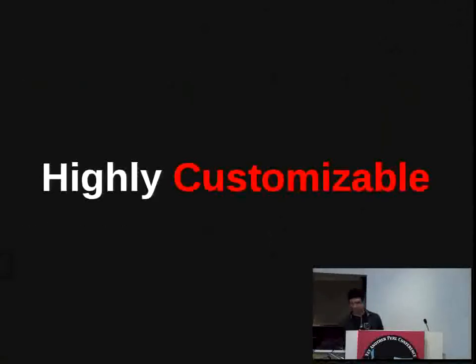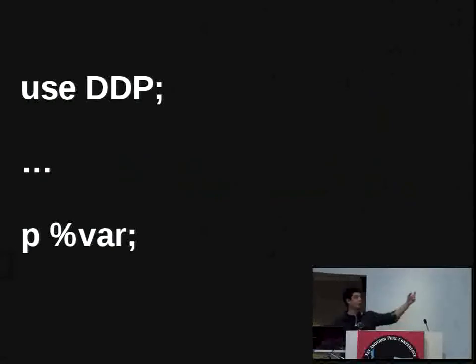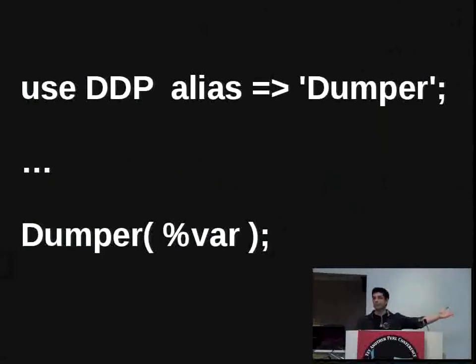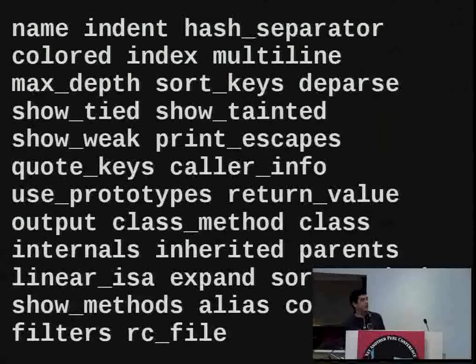What do you do? Instead of Data Dumper, you just say use DDP or use Data Printer, and you say alias dumper. So whenever you are calling P, there you are. Whenever you're calling dumper, or whatever name you pass for the alias, it calls P.